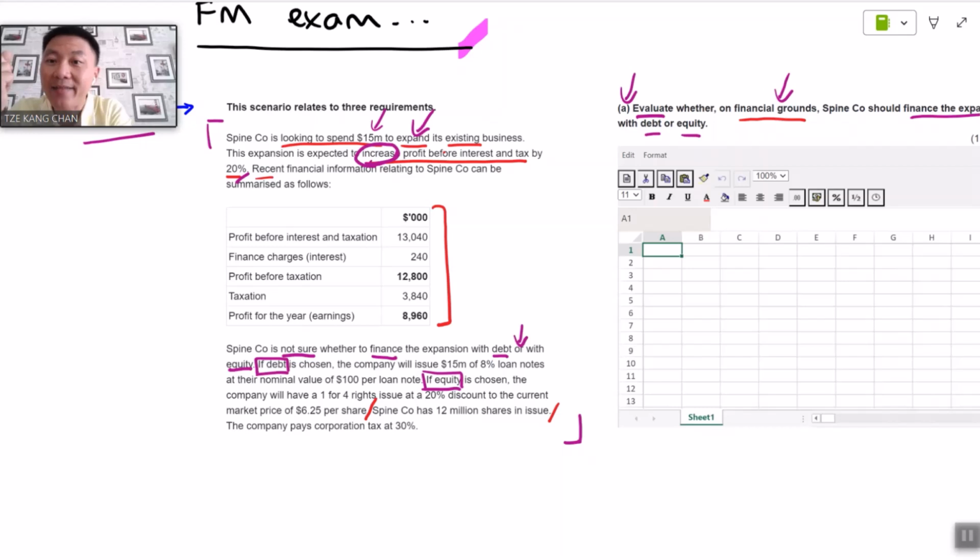Other than that, the following information is the recent financial results of the company, which is clearly shown in the following table. Guys, can you tell where it is coming from? The answer is the statement of profit or loss, obviously.